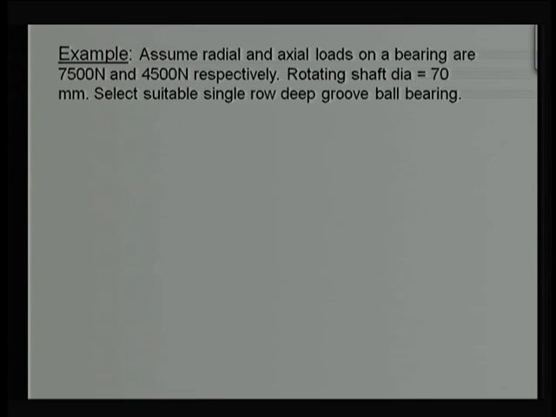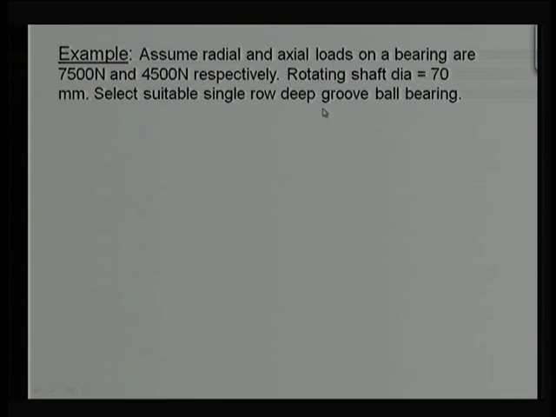The load is coming perpendicular to the axis as well as along the axis, and the magnitude is defined: 7.5 kilonewton along the radial direction, or perpendicular to the axis, and 4.5 kilonewton along the axis. The shaft diameter is given and the shaft is rotating, which means the inner ring is going to rotate. What we need to do is select a suitable single row deep groove ball bearing.